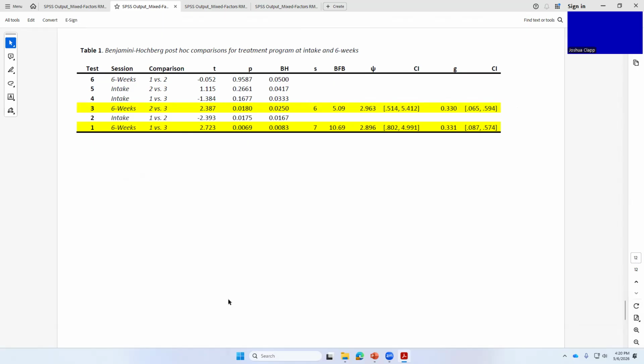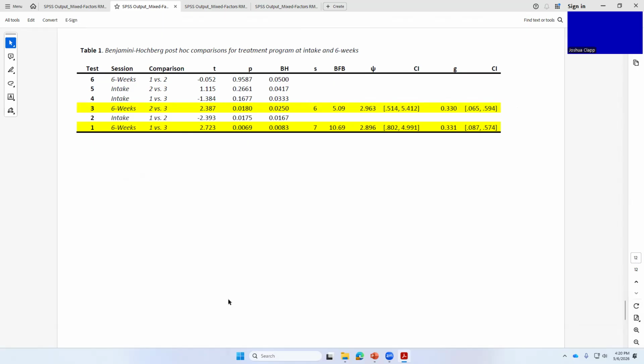Well, why is 2 not significant? Well, because our p-value is 1.75 and our Benjamini-Hochberg corrected is 1.0167. So this is larger than my critical value, or my critical P, and so then that one doesn't count.